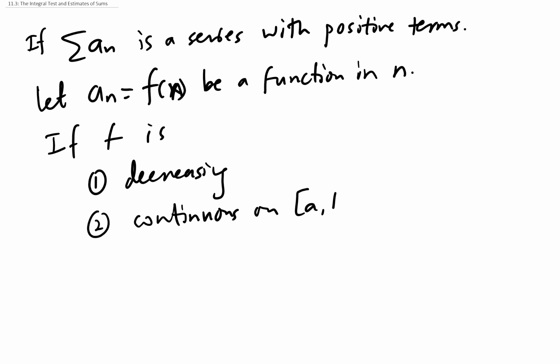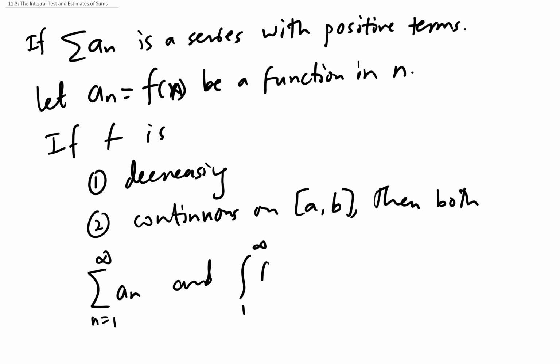on an interval, let's say a to b, then both the series sum of a_n from n equals 1 to infinity and the integral from 1 to infinity of f(x) dx either both converge or both diverge.